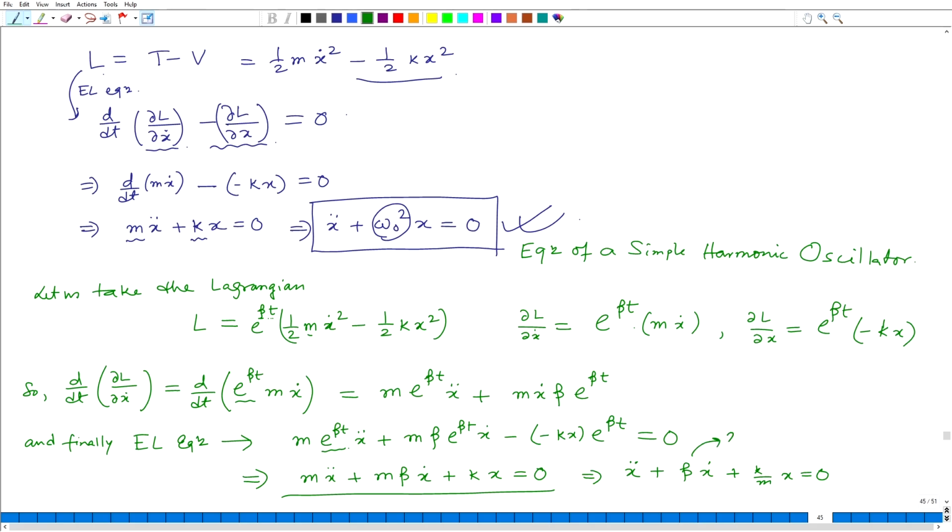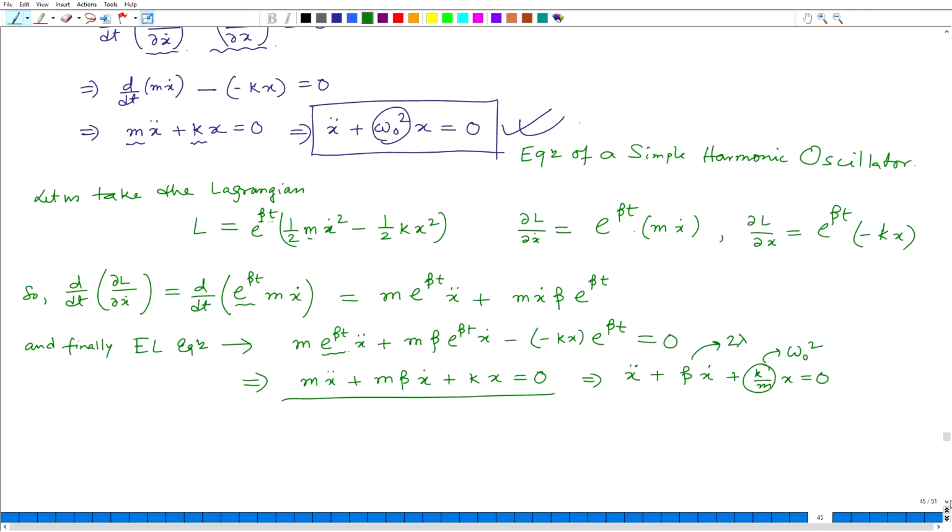Now, I call beta as 2 lambda and I call k by m as omega 0 square. What would you get? You get the famous equation of a damped harmonic oscillator.